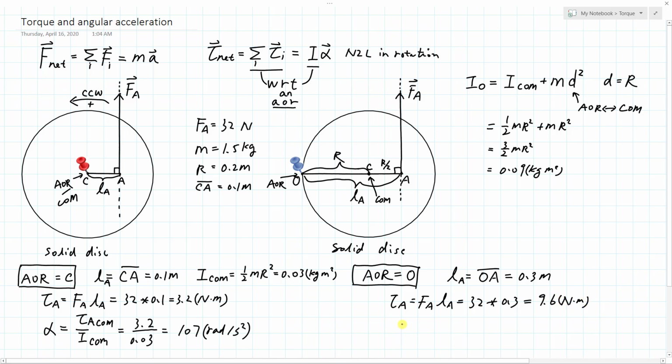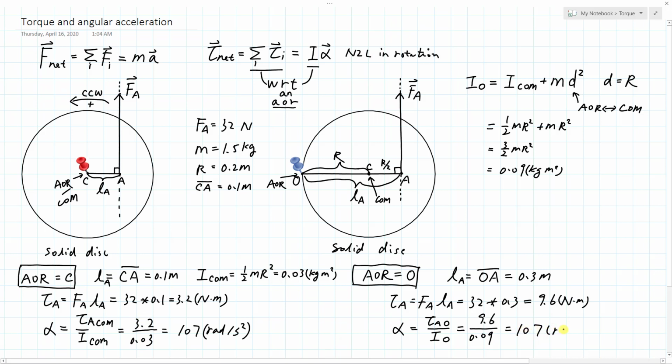And the angular acceleration is now the torque around this new axis of rotation, which is O, divided by the rotational inertia also evaluated around O. So 9.6 divided by 0.09. You may have noticed this: 9.6 is 3 times 3.2, and 0.09 is 3 times 0.03. So the result is still the same, 107.